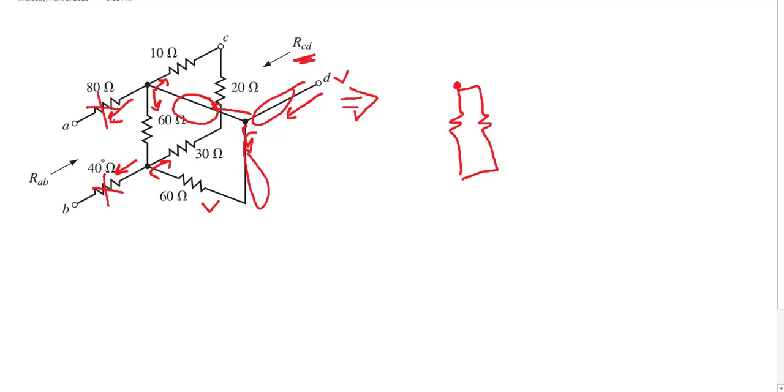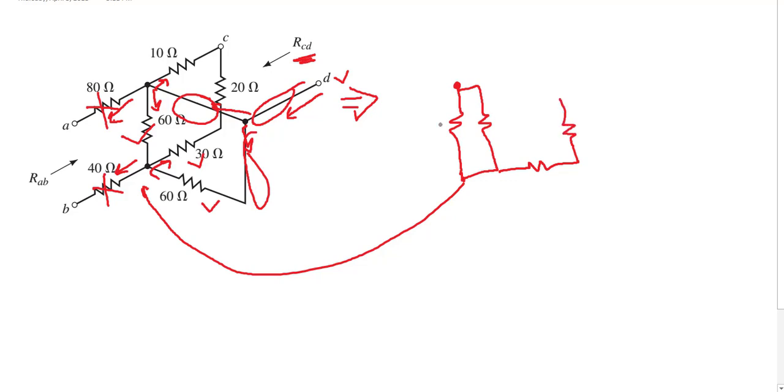That is this one. And this is the point here that joins the two. Then from here, which is the same point, we have 30 ohms, that is this guy here, in series with this 20 ohms, that is this guy here.